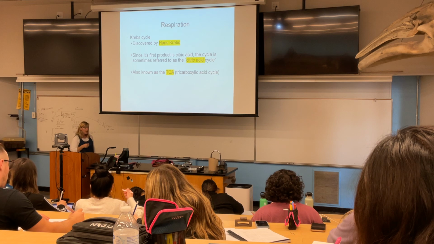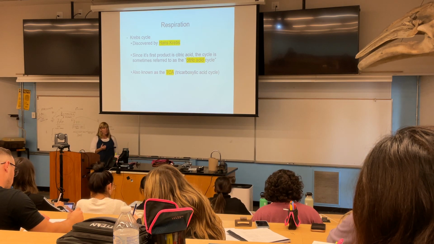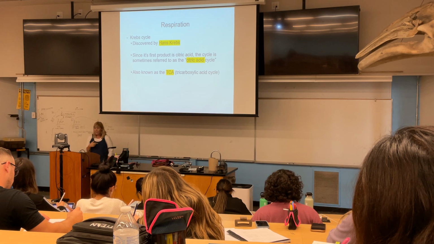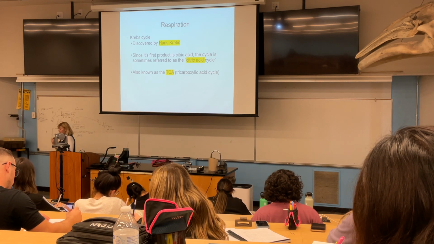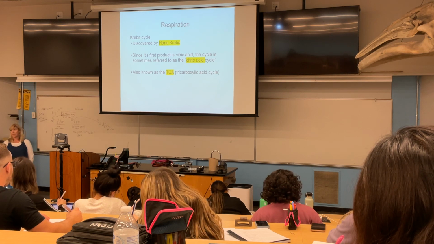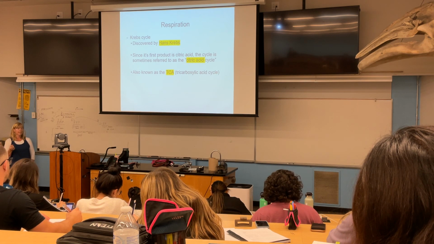It's kind of cool. Now, sometimes the Krebs cycle is called the citric acid cycle. And the reason for that is because the first product made in the Krebs cycle is citric acid. So it's sometimes called the citric acid cycle.